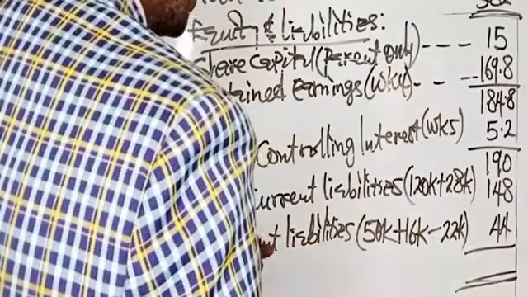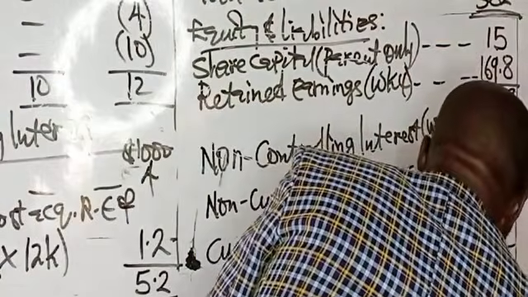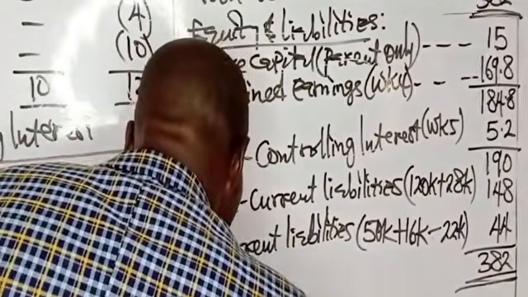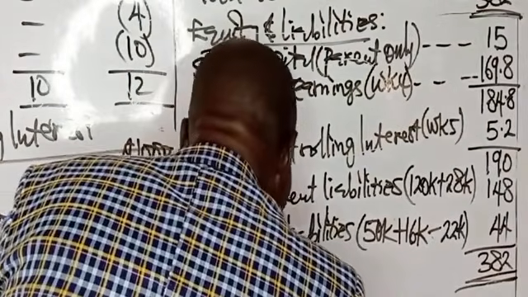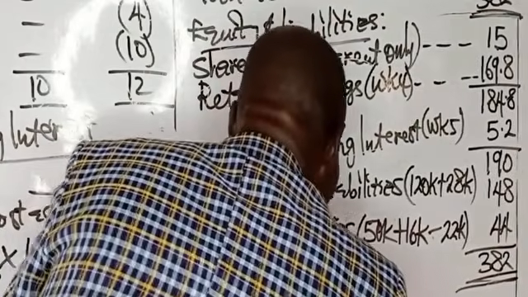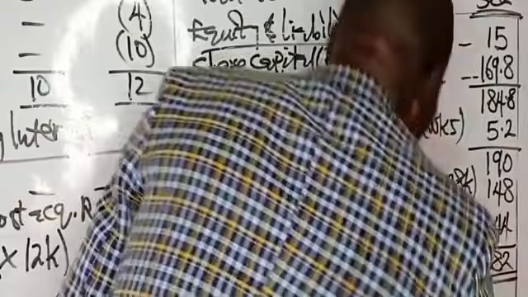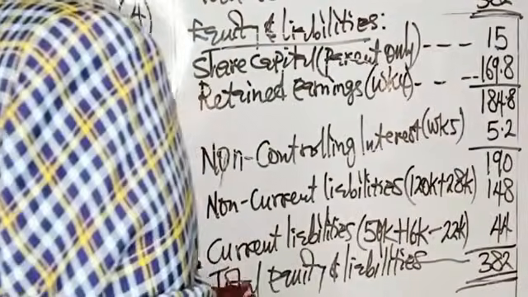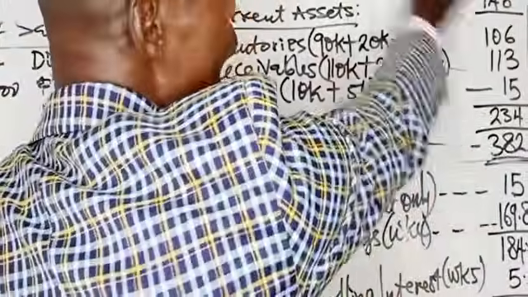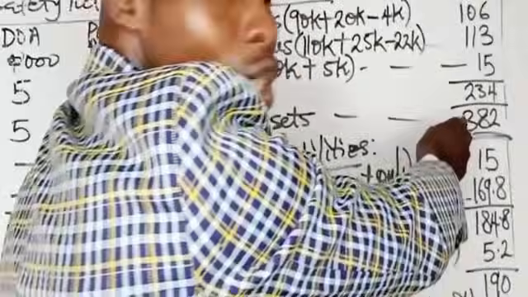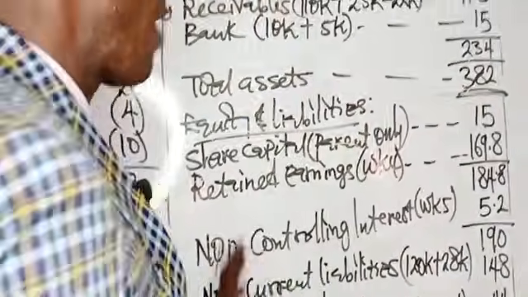So you have 382. This is the total equity and liabilities. Total equity and liabilities is 382, which agrees with our total assets of 382. So that means our accounts balance.